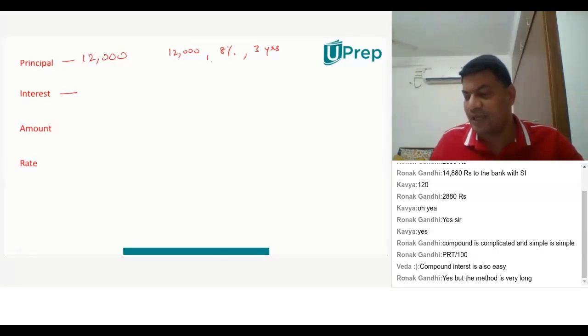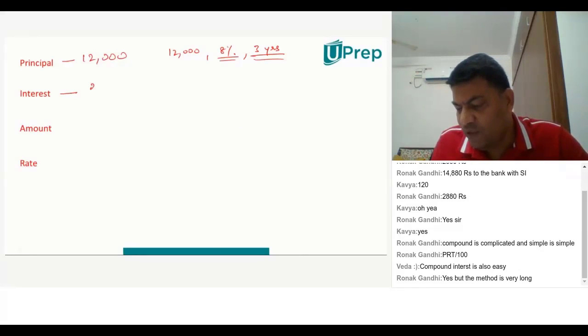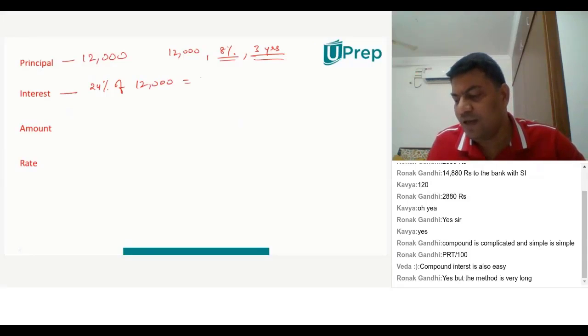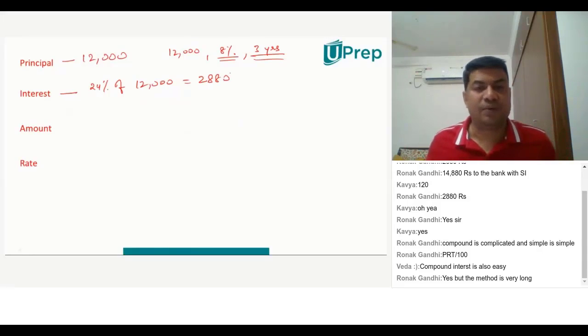So 8% for 3 years is 24%. We calculated 24% of 12,000. The interest that comes out is 2,880. That is called the interest amount.